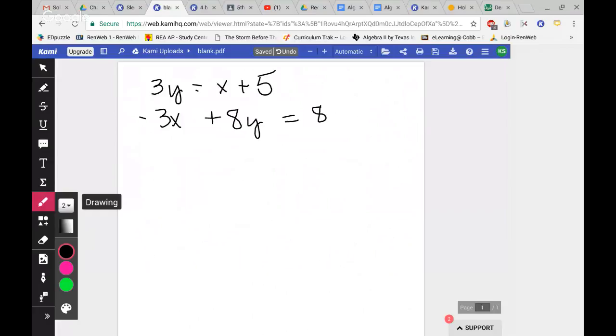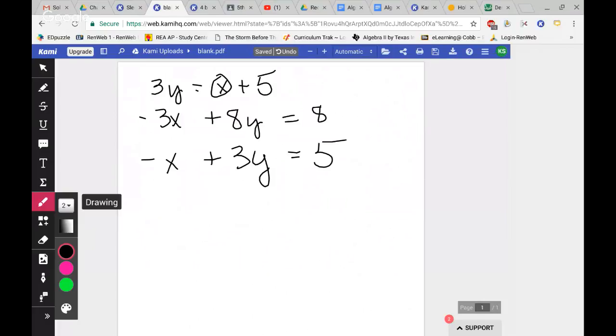So you definitely want to get them in standard form, or in some sort of form where the x's are lined up and the y's are lined up and your constants are lined up. So the first thing we're going to do is take that first equation up here and get it in standard form. So we would have to move this x by subtracting x from both sides: negative x plus 3y equals 5. Do you see where I got that?